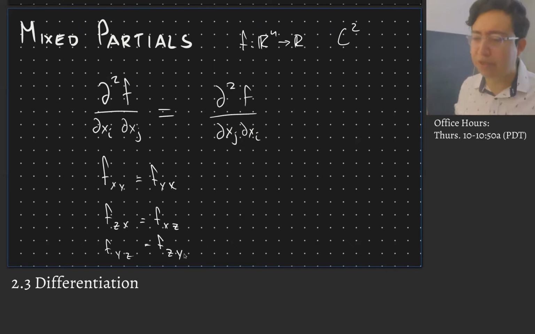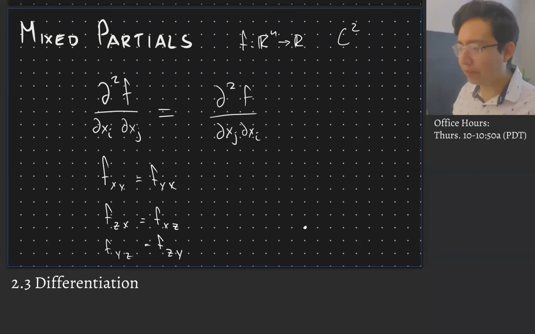So the picture you should have here, in a scaled up version, is that in the domain you have your dx, which you can think of as almost like a delta x, and then over here you have delta y. So if you do delta x and then delta y, that's going to put you up here.